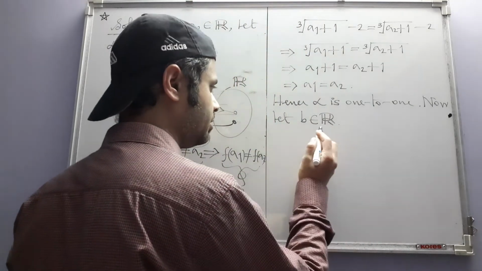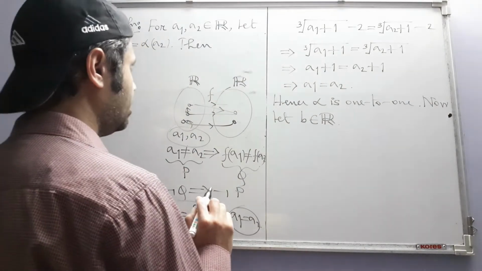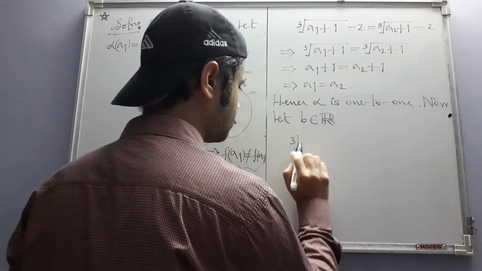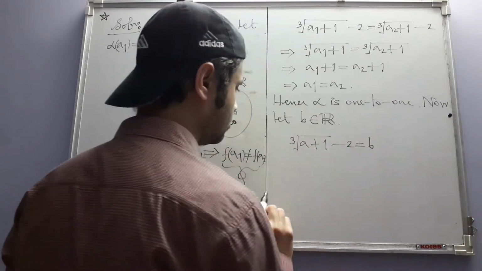So let B be any element in the codomain. Now what we want is some A such that this is true.